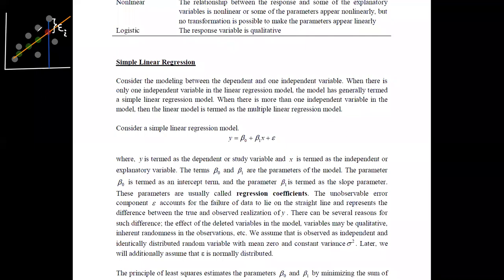Here you may experience the error as epsilon 1, this error may be epsilon 2, then epsilon 3. So for each observation there is an ith error. And if the point lies exactly on the fitted line, there is no error associated with this point.